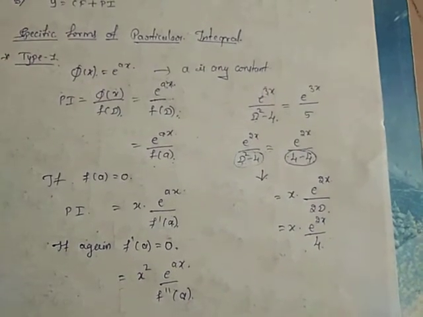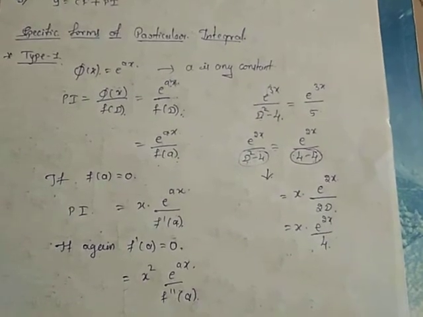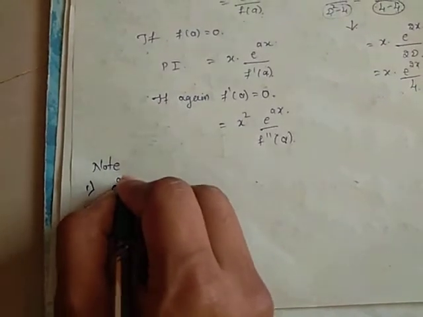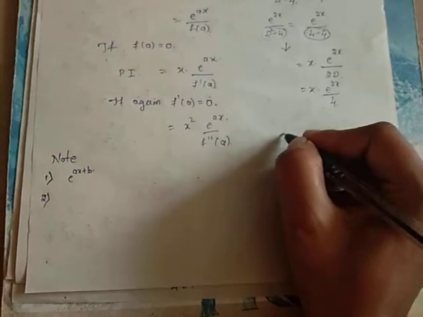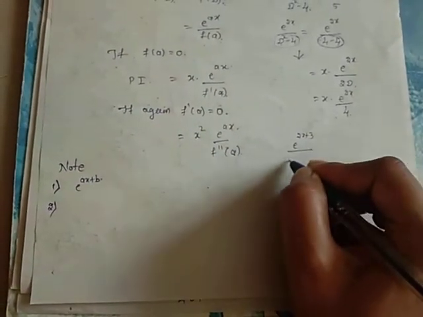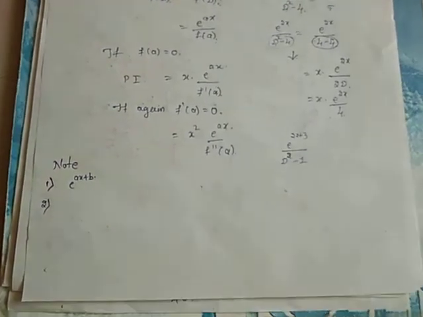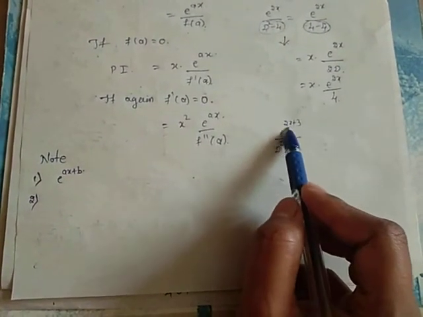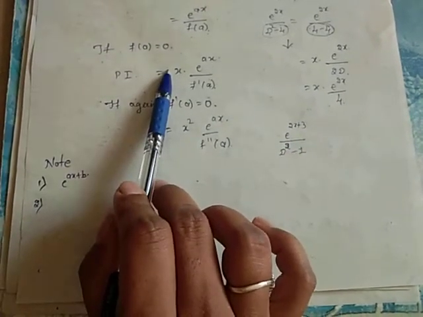There are some more examples which also come under these type 1 procedures. The first one is the e raised to ax plus b form. Suppose we have a function like e raised to 2x plus 3 divided by D square minus 1. That is e raised to ax plus b, which also comes under the type 1 procedure.